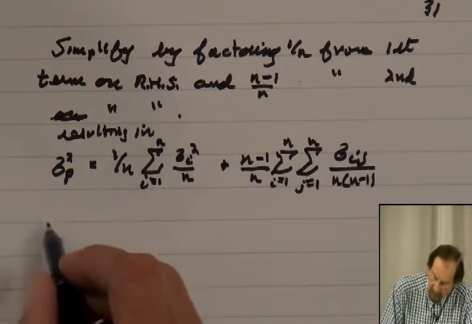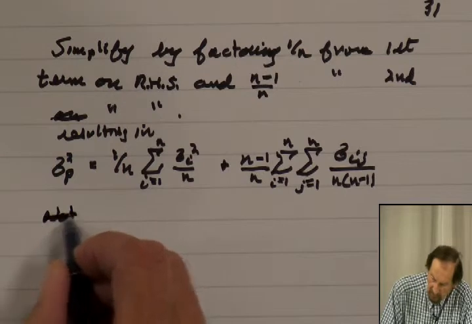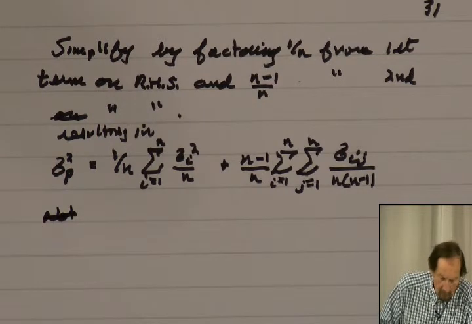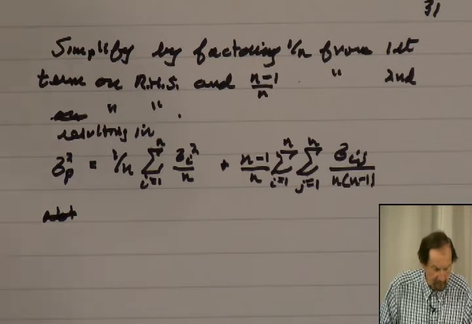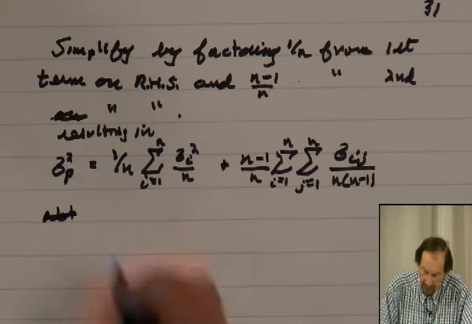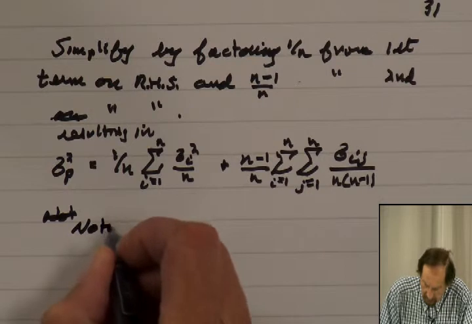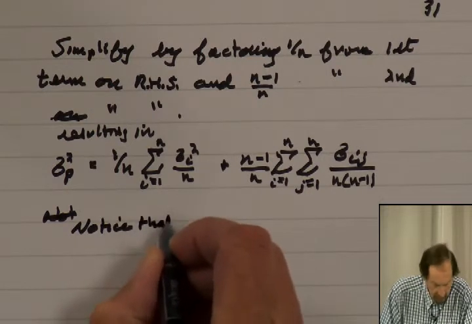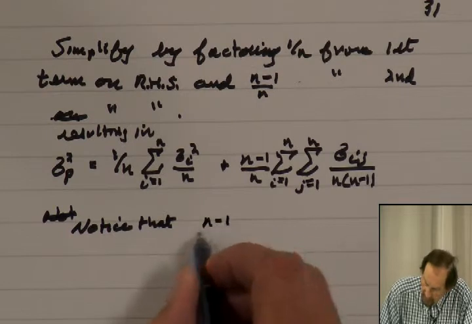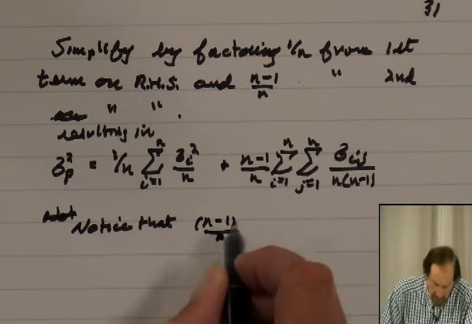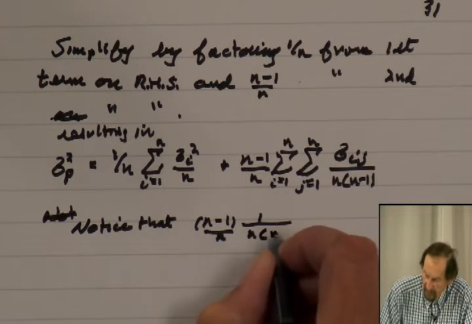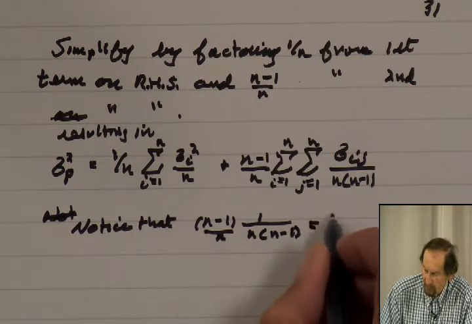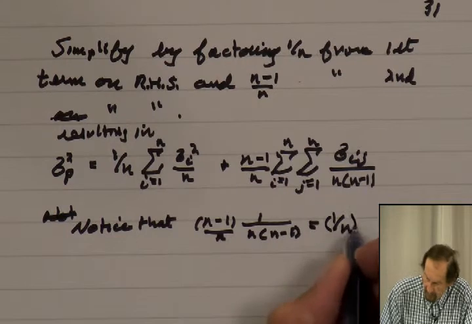Now, notice, we could have also said the following. n minus 1 over n times 1 over n times n minus 1 equals 1 over n squared, because these just cross off.